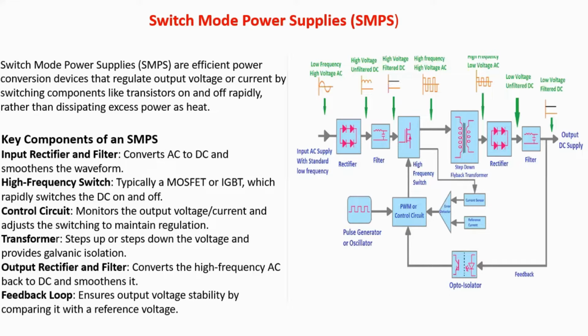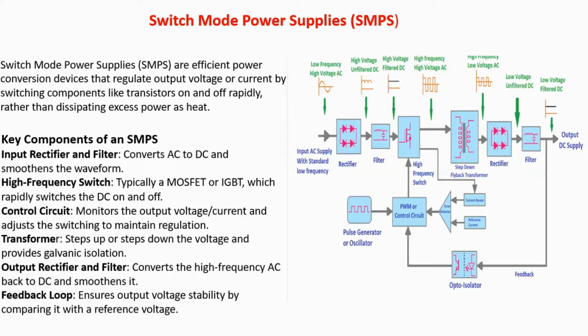For the switching transistor, we need a pulse width modulation control circuit, that is, the on-off signal, to give to the base or gate of the SMPS transistor. For that, we need a feedback loop circuit, or PWM control circuit.